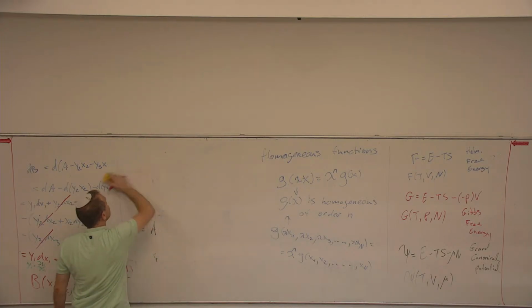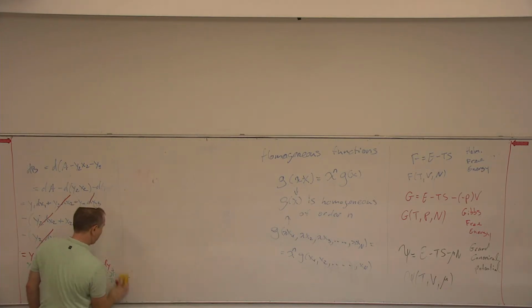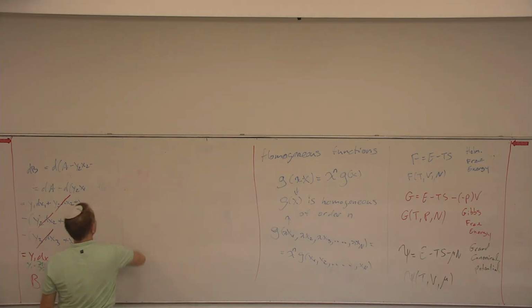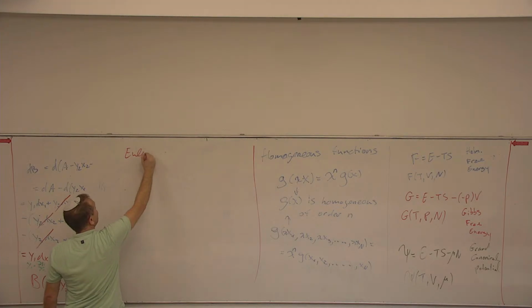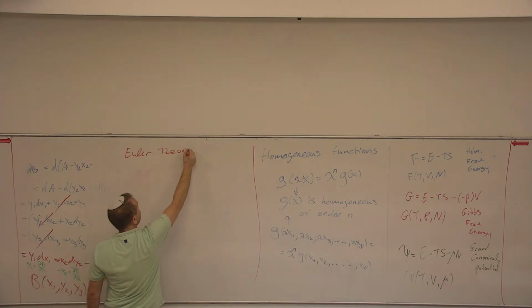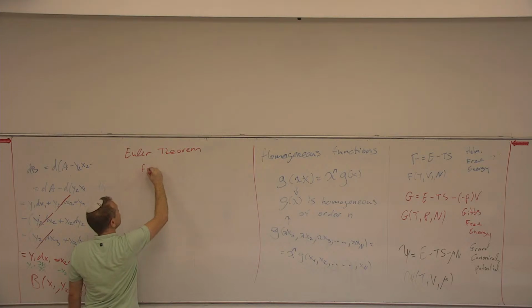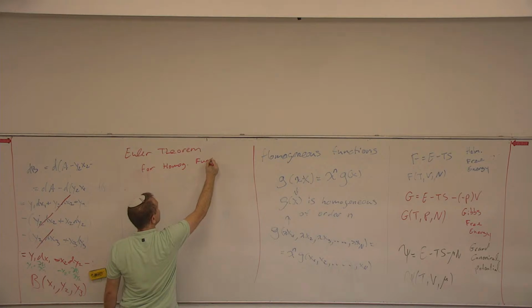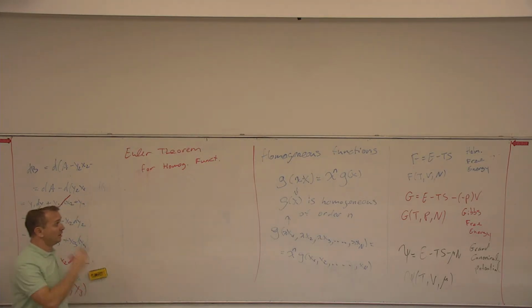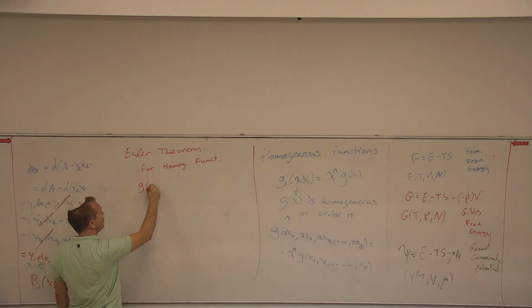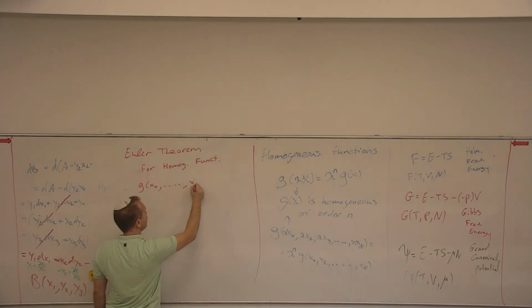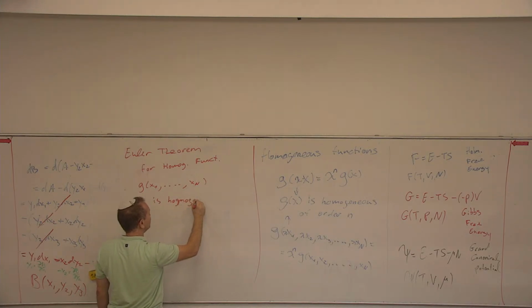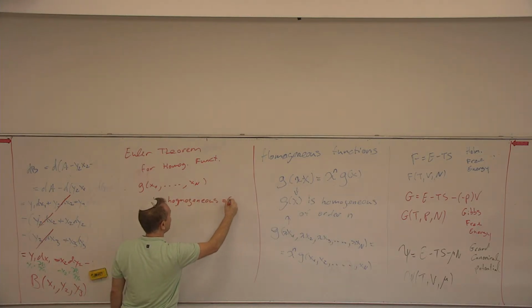Euler stated the following thing. Euler's theorem for homogeneous functions. Let's assume that g of x1 to xn is homogeneous of order 1.